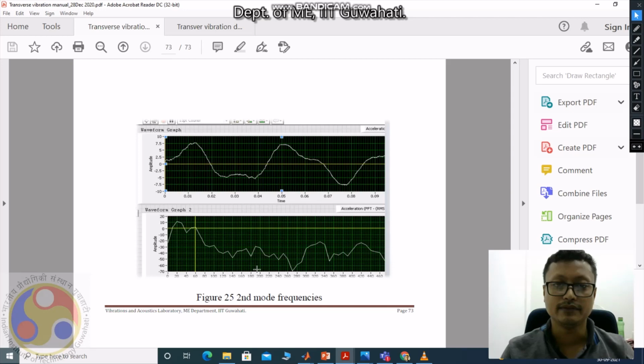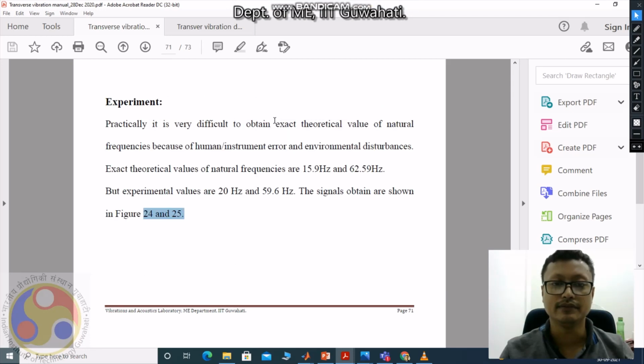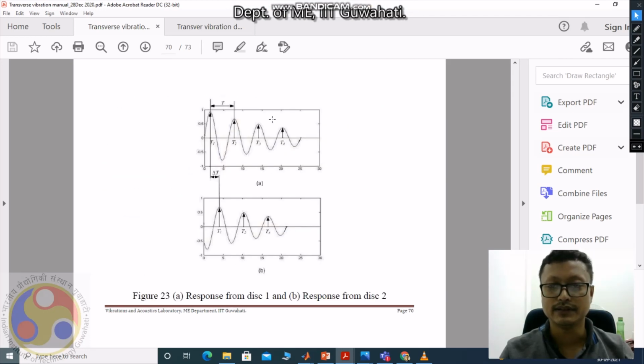You need to compare those data, whatever data set is provided to you. From that data set you need to do these calculations.